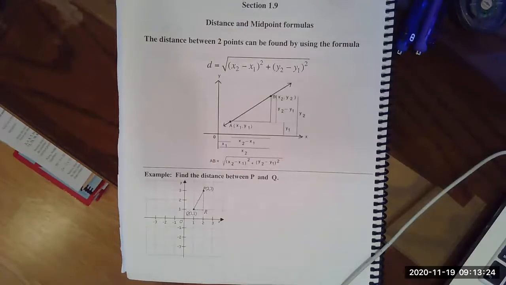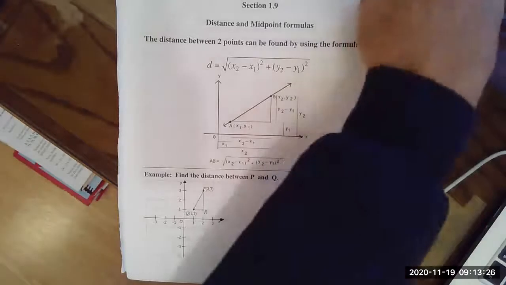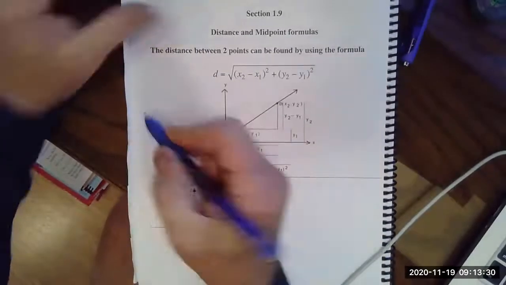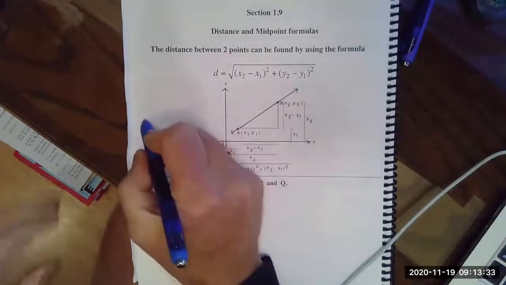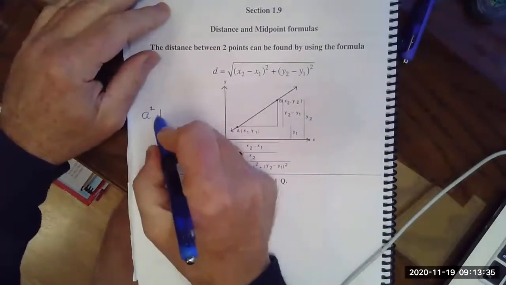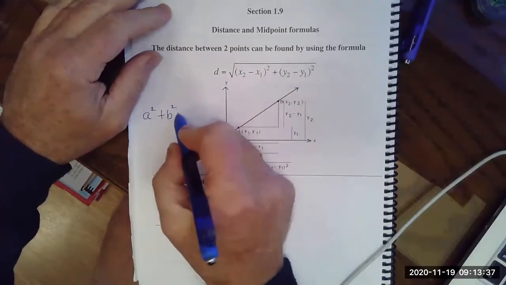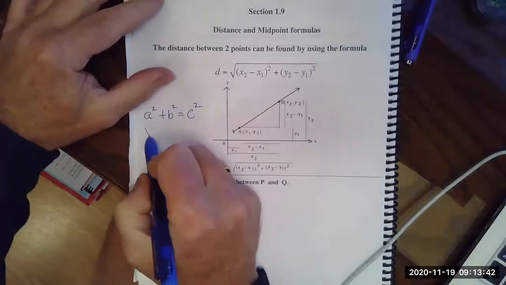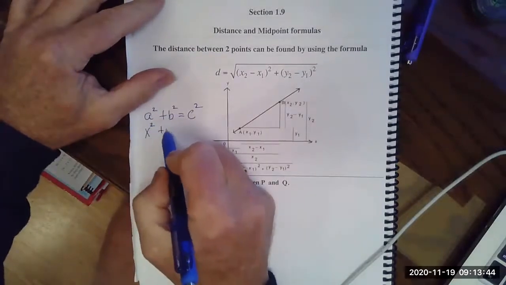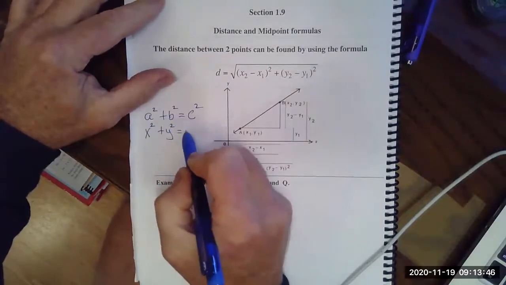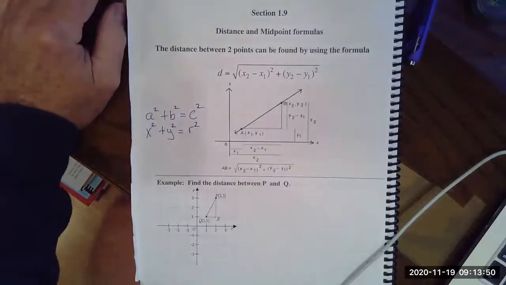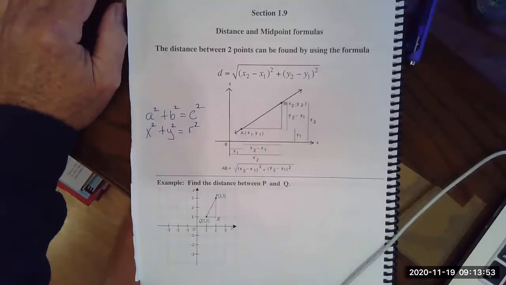And this all comes from the formula that we all are very familiar with, which is a squared plus b squared. We could also think of it as x squared plus y squared is equal to maybe r squared. In your trig class, you'll notice that r will be called the radius of a circle.